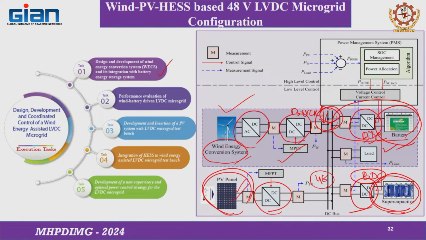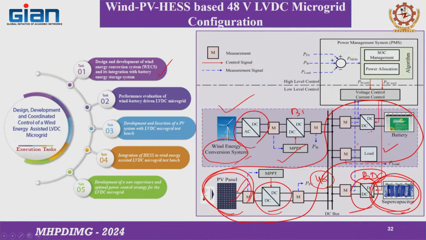Combined source means PV and wind having complementary characteristics, and battery and supercapacitor having complementary characteristics. This is already implemented, but in this course you will only be seeing the first part, PV with battery.